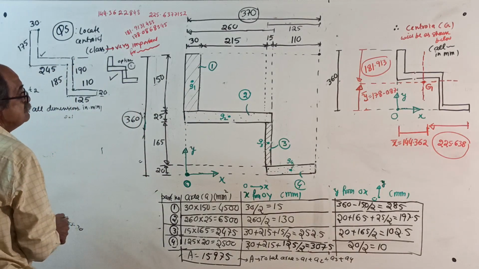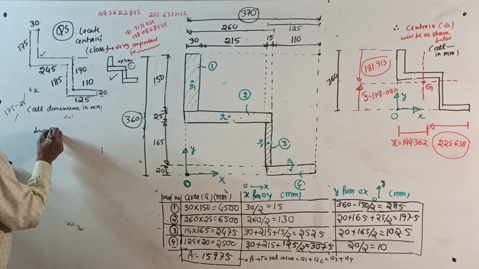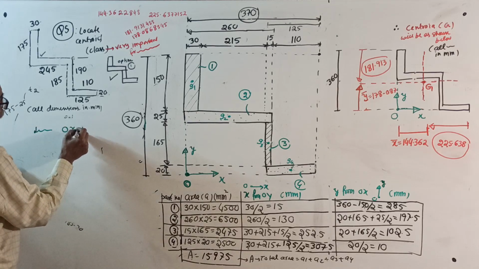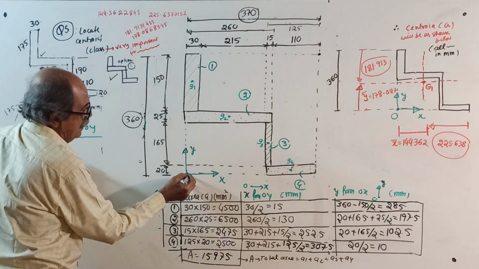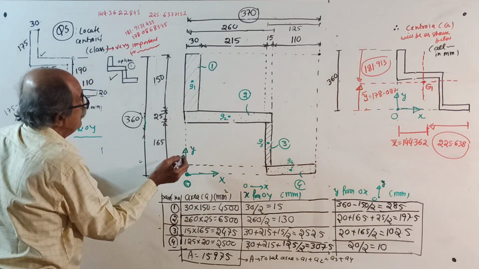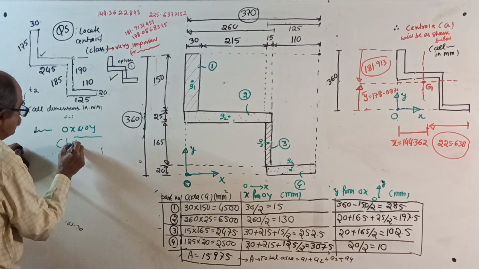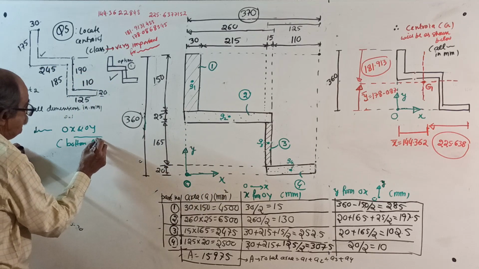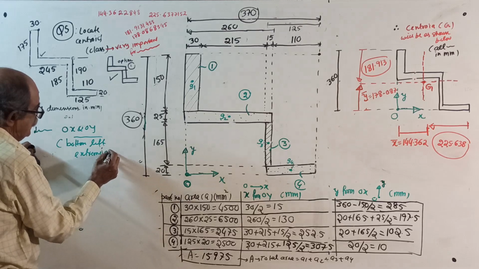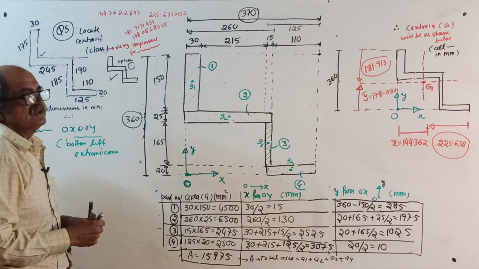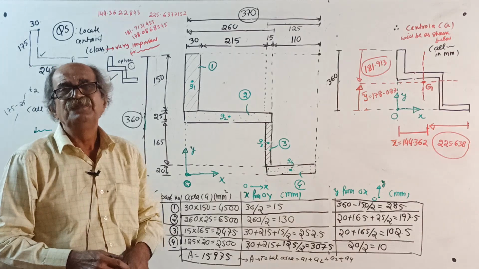Now write the statement. Let us consider reference axes OX and OY as shown in the figure. See here, O here, X this way, Y this way. Which one? Bottom left extreme corner. I told this to those who are going through all the classes, they know by this time.